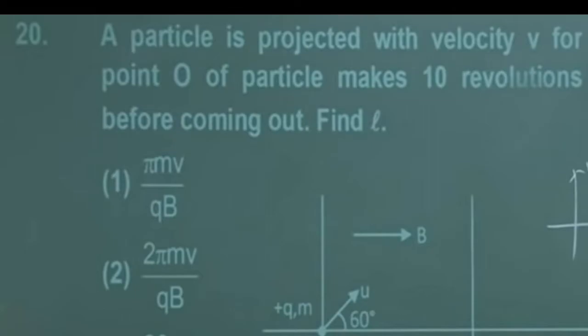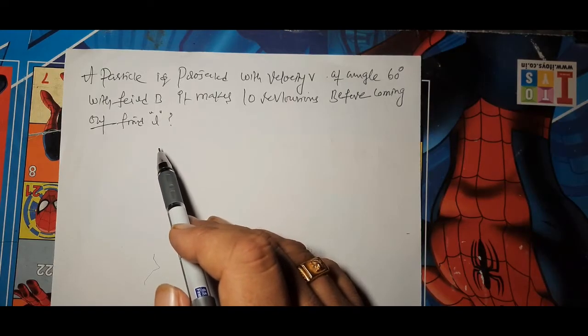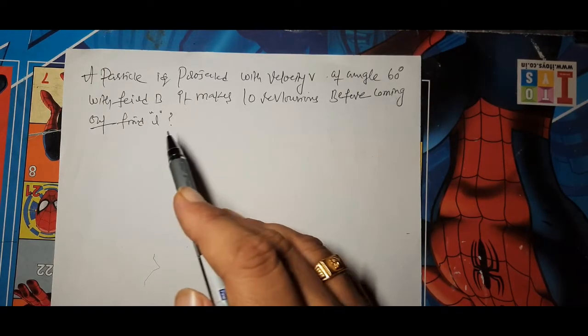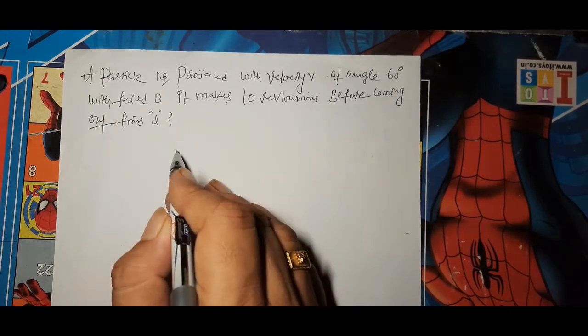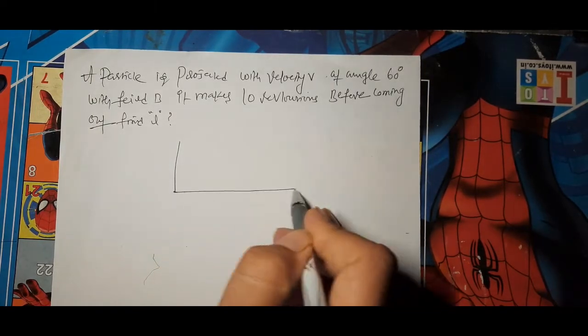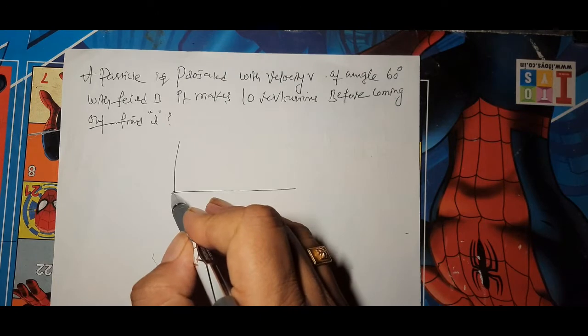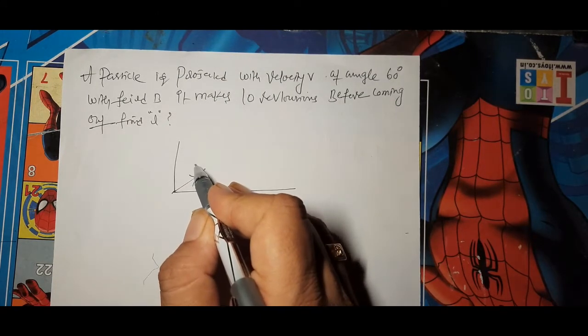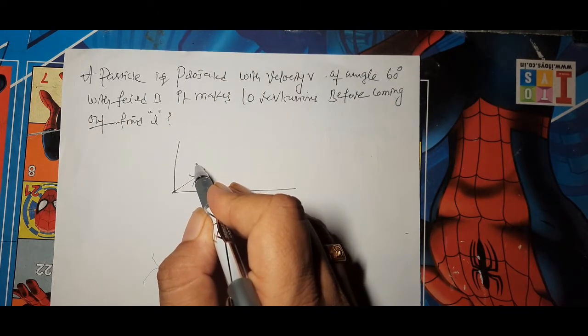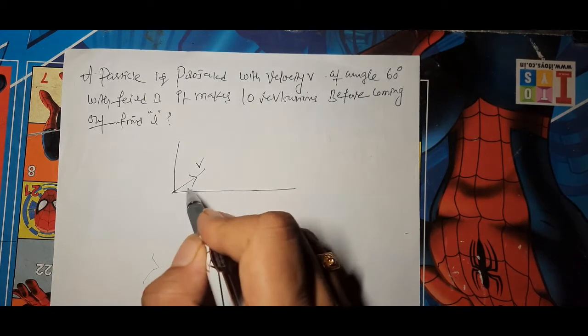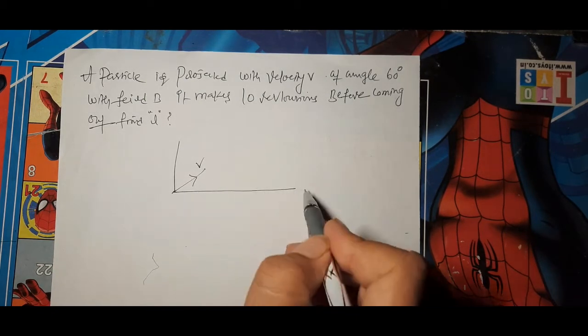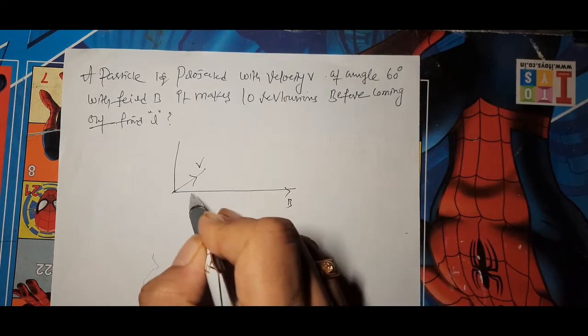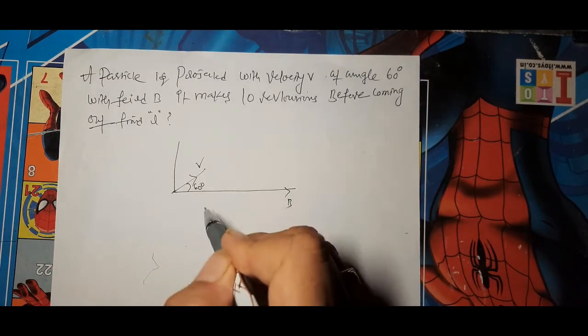Find L, the total length traveled by the particle. This question was asked in shift 1 also. This is a charged particle, which is projected into the magnetic field at an angle 60 degrees with the field.